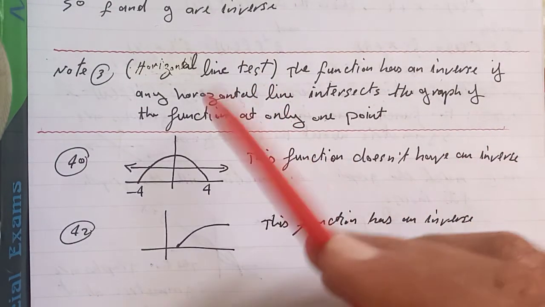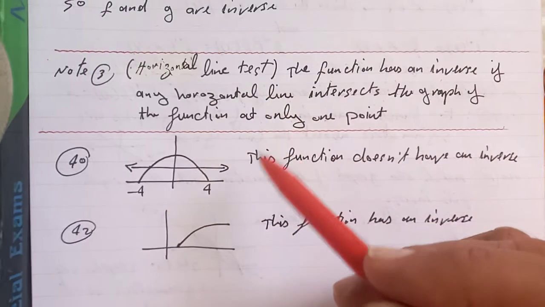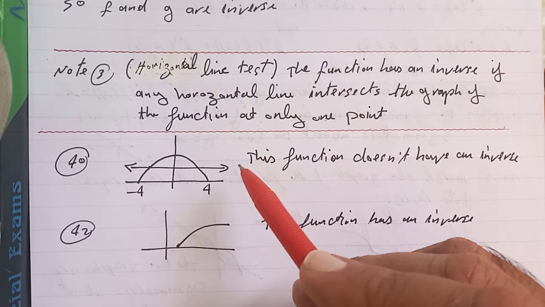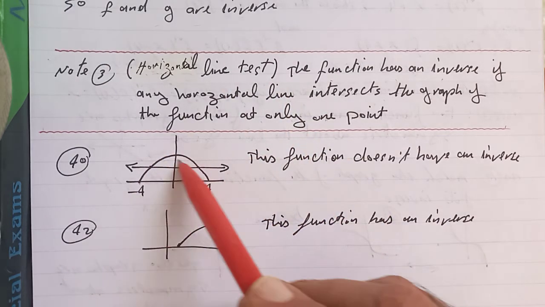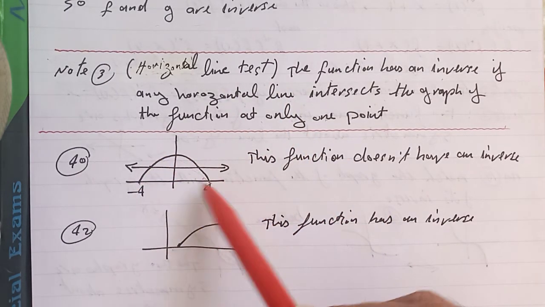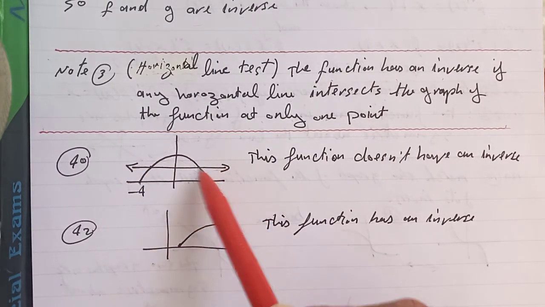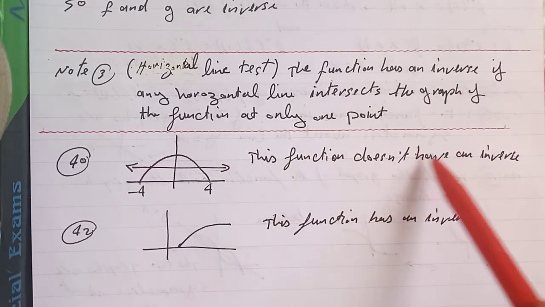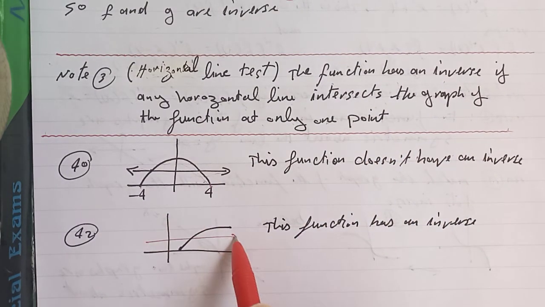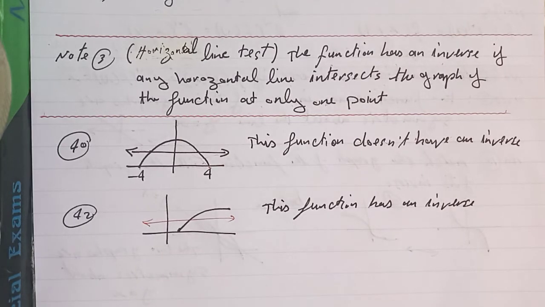If you look at the graph and draw a horizontal line, and this horizontal line intersects the graph of the function at one point. For example, this one in number 40 does not have an inverse function. Why? Because when we draw the horizontal line, it intersects at 2 points, so this does not have an inverse. But this one has an inverse, because if you draw any horizontal line, it will intersect at 1 point.